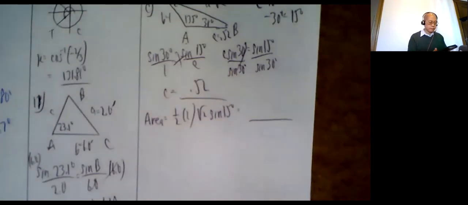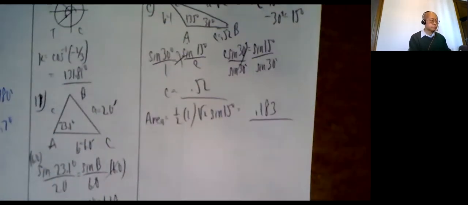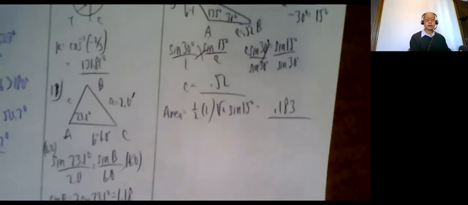Okay. So square root of 2 divided by 2 times the sine of 15. 0.183. Okay.